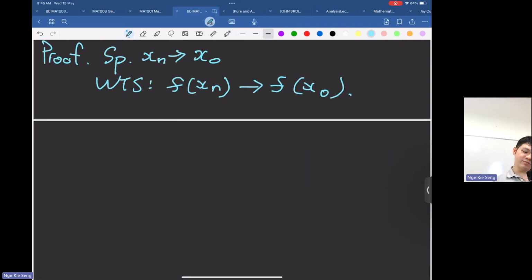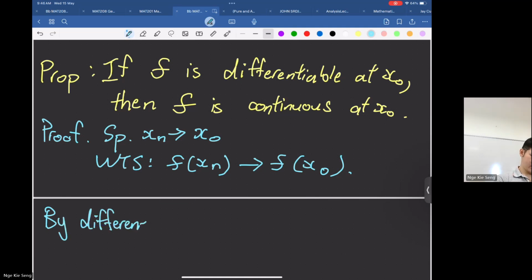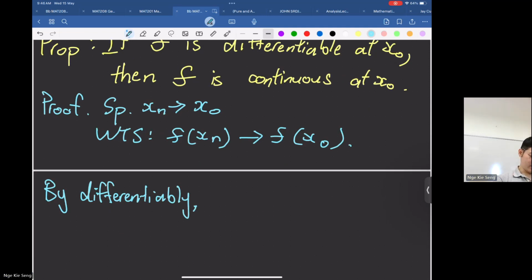But differentiable is stronger. What do I mean by stronger? If x_n converges to x_0, what does differentiability tell you?